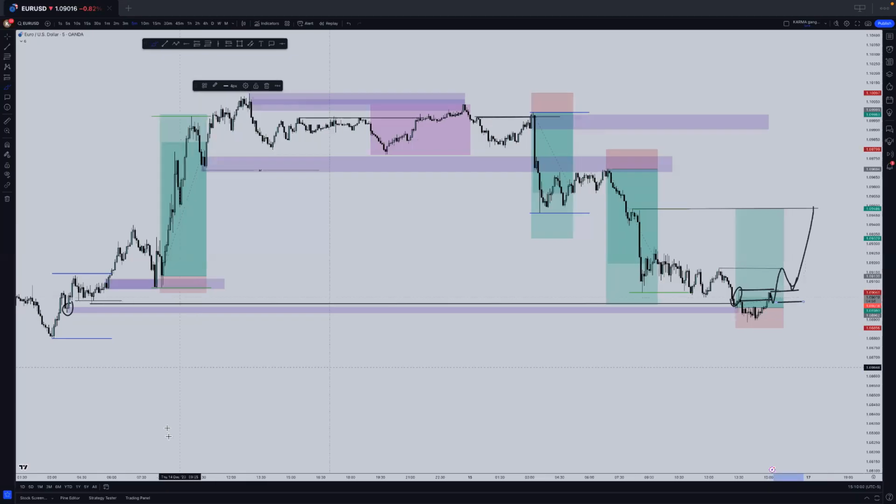So now let's draw this out. This is what we have: high, low, high, low, then the high. Then the market came here, did this and sold. If you call this guy a flip zone, it means market flipped from a demand to a supply.